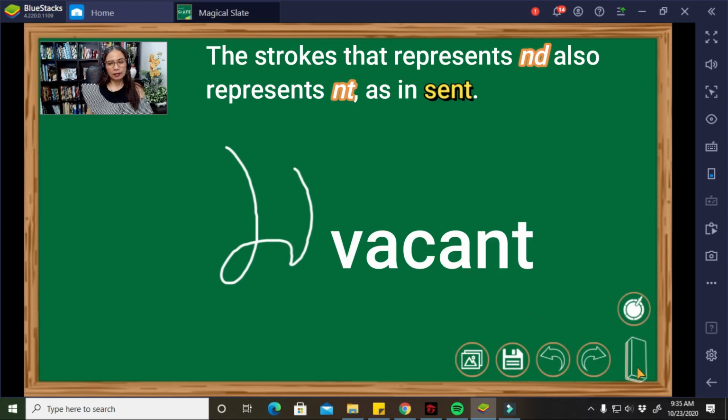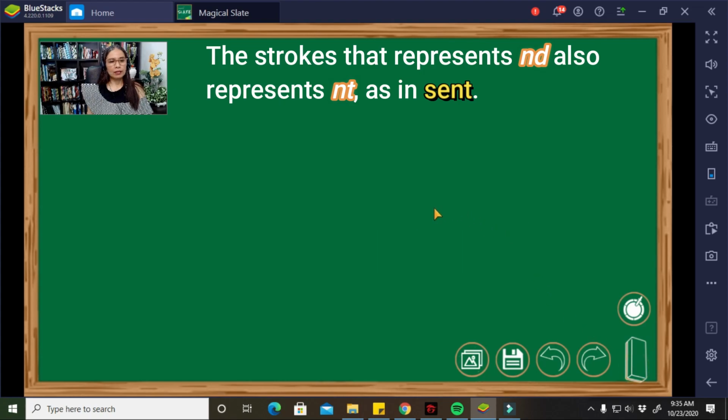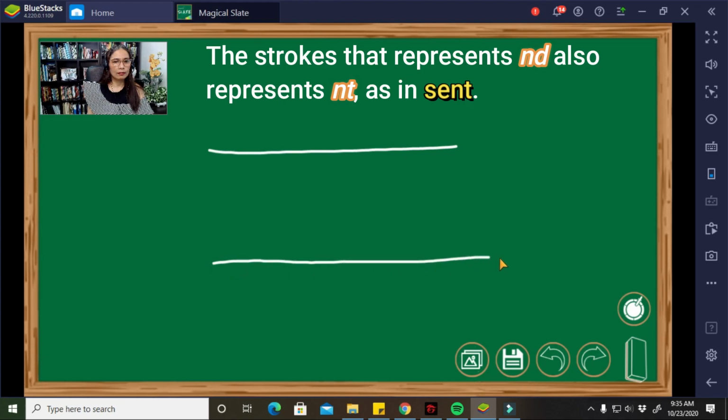Very good. Alright, let's have another example. What about this one? Blending symbol. Okay. Let's have a line here. We do have a blending symbol there. Then, an upward tip hook. What is that? Very good. The word is into. Okay.